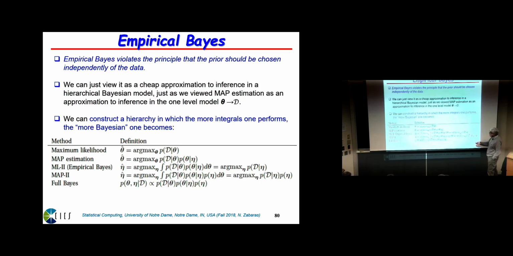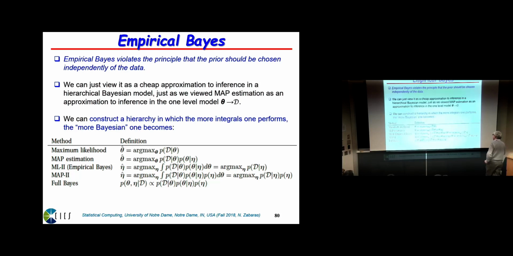You fix the parameter eta, and then for theta, you compute a MAP estimation, or you do full Bayesian inference for theta. This is very similar to the ideas of the evidence approximation that we discussed. It's all the same, okay? This is fundamental to Bayesian analysis.